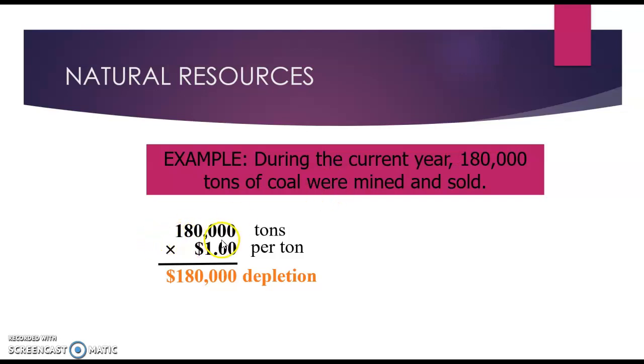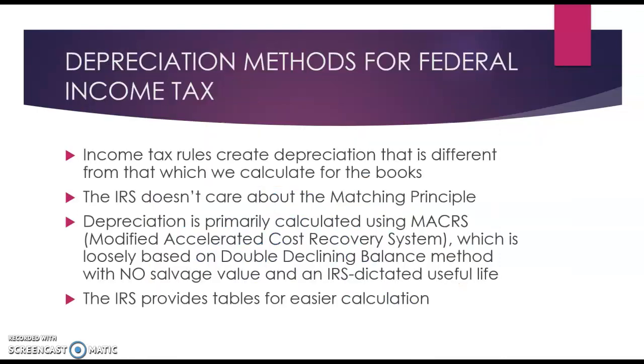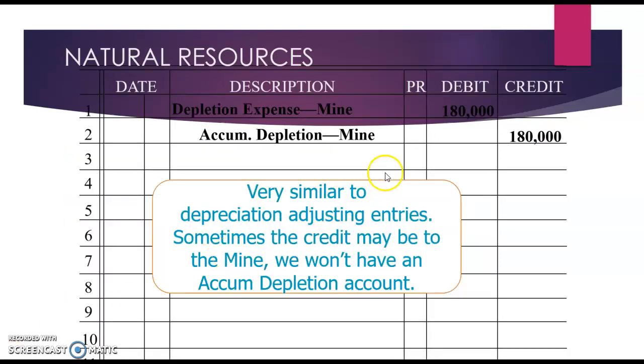So we multiply that times our rate that we had calculated at the beginning, which was $1. 180,000 times $1 is $180,000 of depletion expense that we're going to have for that year. So we can debit depletion expense for that 180,000, and we can credit accumulated depletion dash mine.